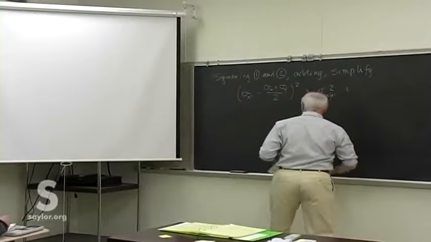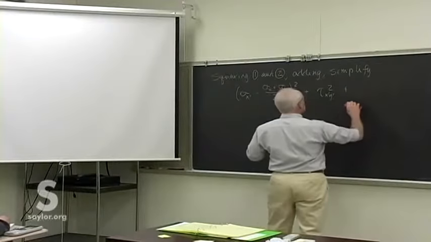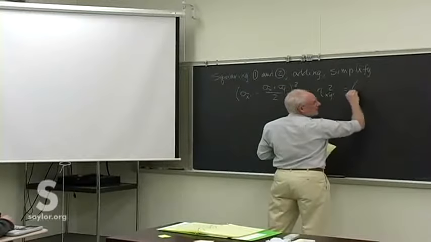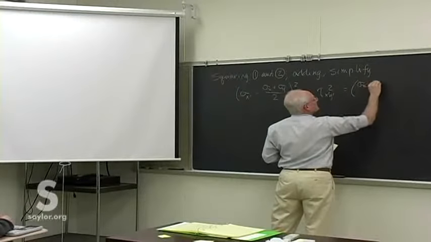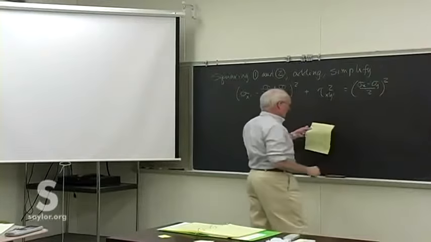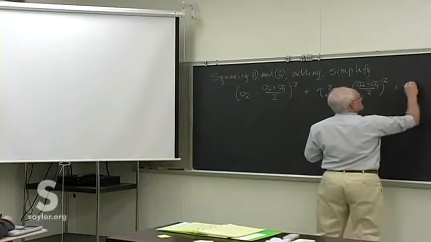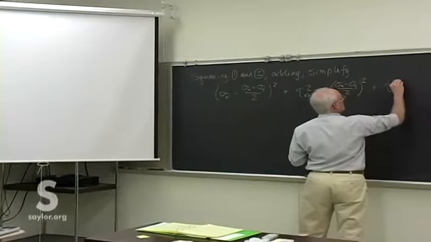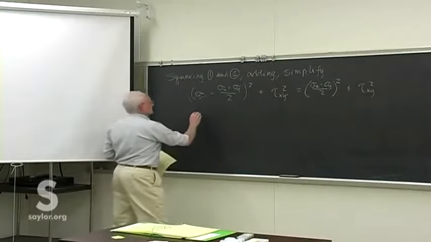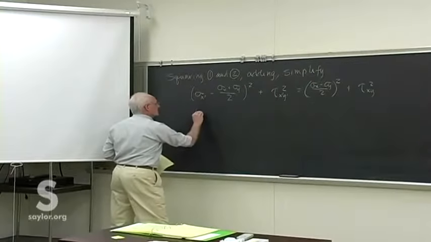equals the quantity we call sigma difference squared plus tau xy squared. So we can simplify that with those little addition things there.